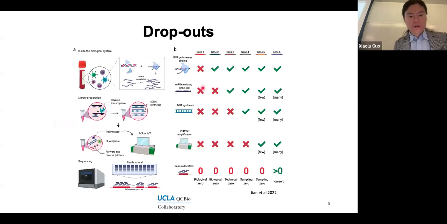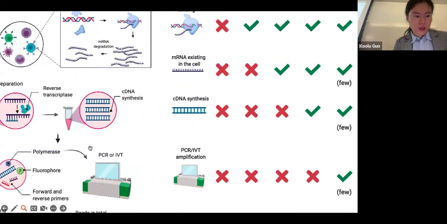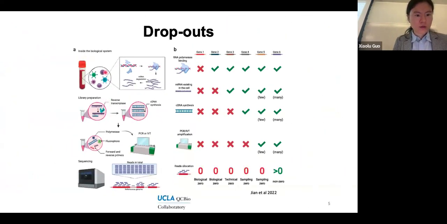Before we go further, let's take a look at what dropouts are. As we mentioned yesterday, we start from a sample full of different cells, and within each cell we have DNA, which will initiate transcription and be transcribed into mRNA, which may decay or become stable.